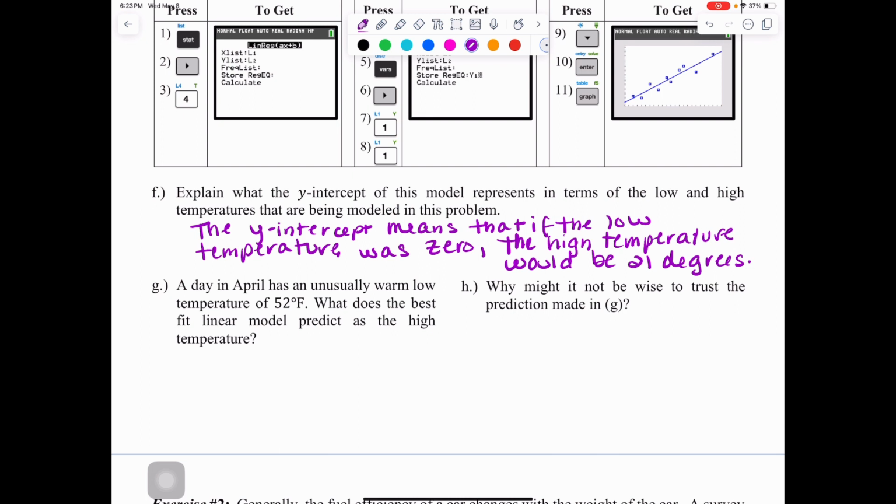So the same idea of what we've always talked about with y-intercept. It's what's the y value when x is 0, but interpreting it for the situation.